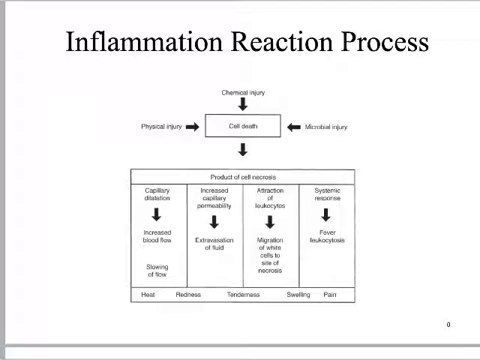This cell death results in cellular necrosis, and the inflammation is a way to make sure that necrosis does not spread. It's trying to get rid of the dead cells, break down infectious processes that might be occurring, and repair any break in the skin. So it's a complex response to that mechanical injury.